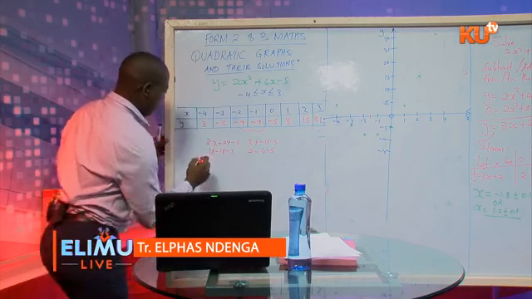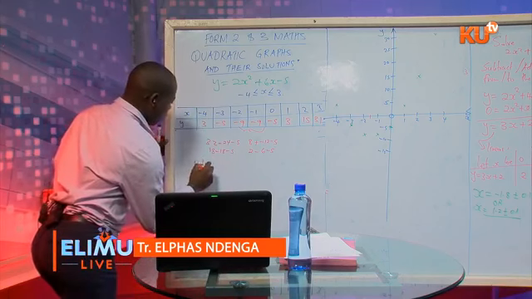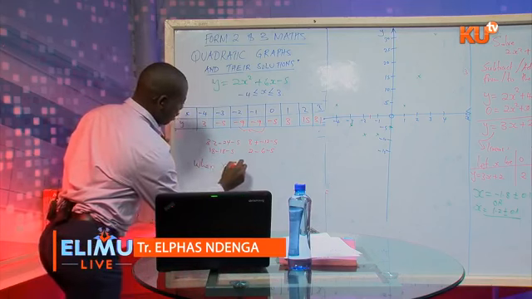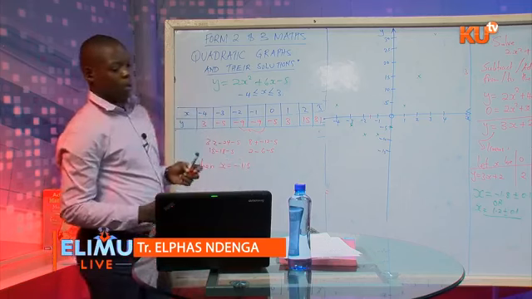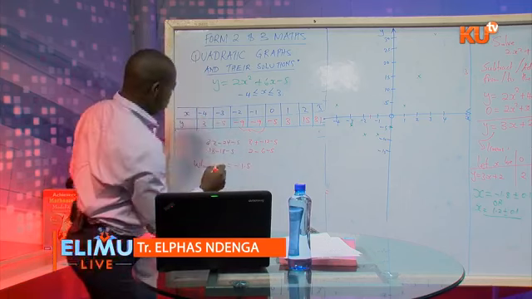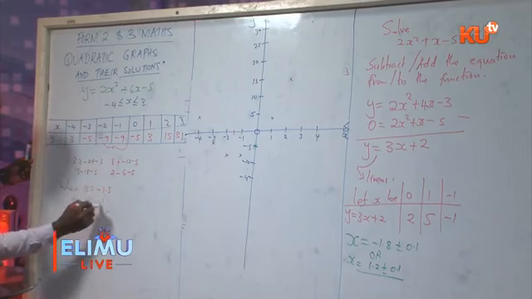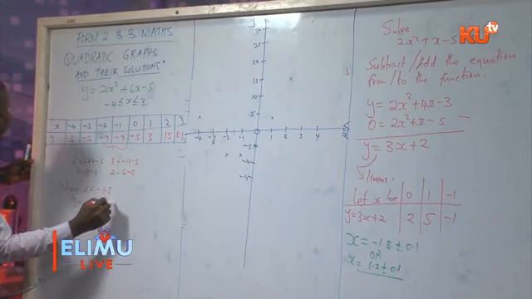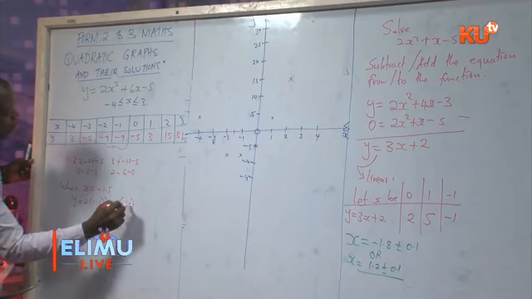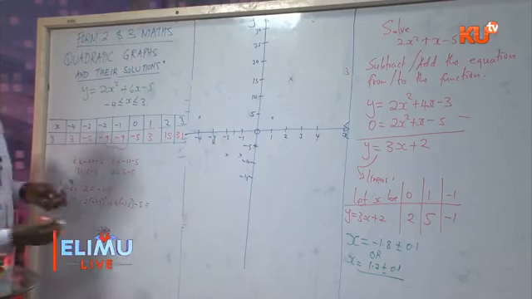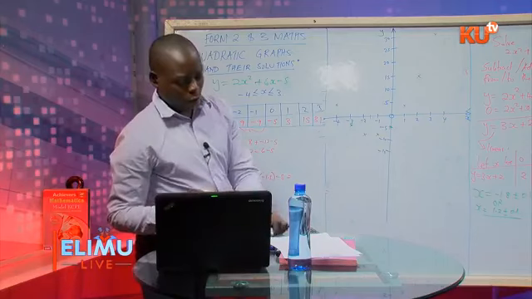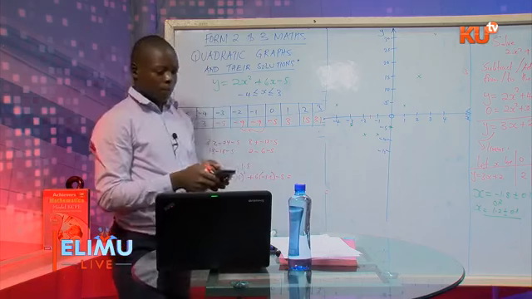We now bring it to the table and find the value of y when x is negative 1.5. We replace it in the equation. Y is equals to 2x squared, negative 1.5 squared, plus 6, negative 1.5, negative 5, so that we are able to get the value of y.